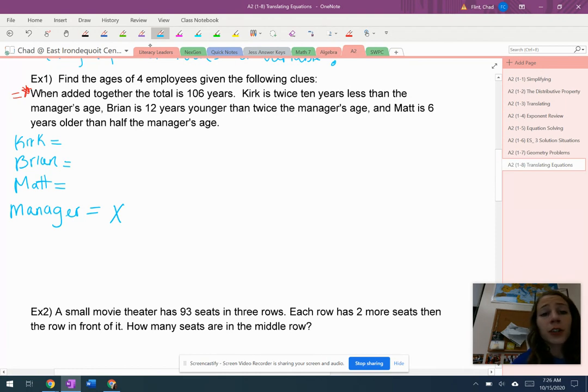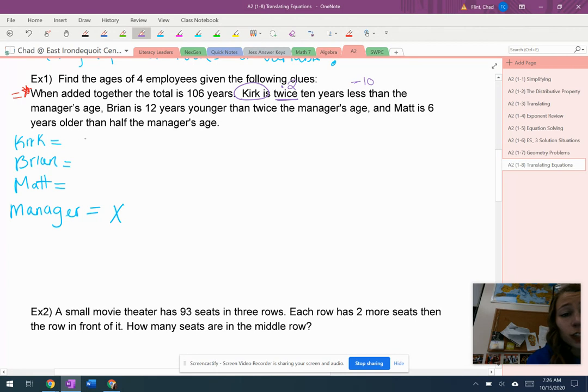So now let's go back to Kirk. Kirk is twice, meaning times 2, 10 years less than, so that's going to be a minus 10, than the manager's age. Is twice 10 years less than the manager's age. So that means that the 10 years less is happening first.